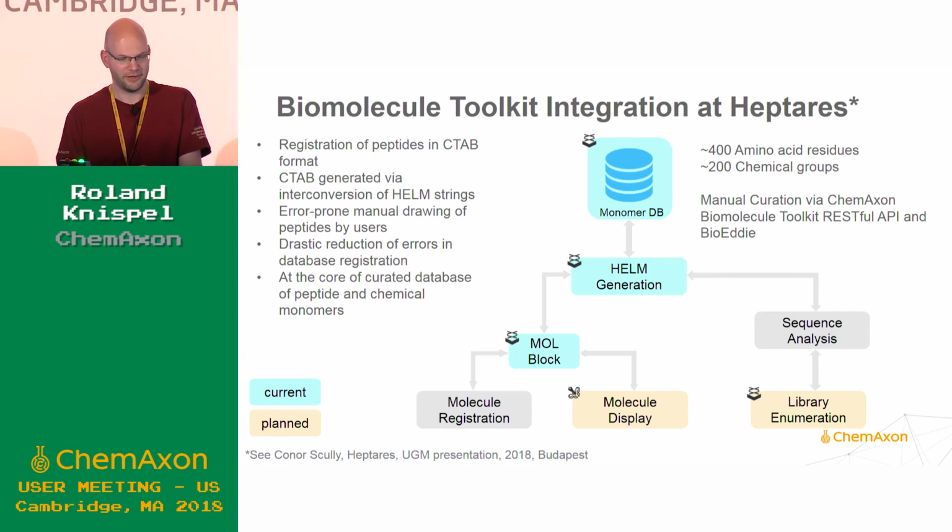The problem here is that they have been registering their peptides again in chemical structure format, which was manually drawn, again, using ChemDraw. It takes a lot of time. It's very error-prone, especially when you have to take care of stereochemistry. What they've done is they took our BioToolkit.